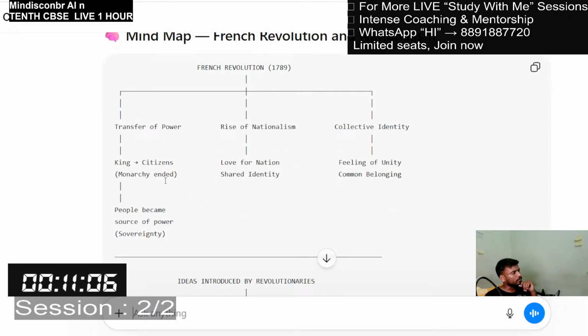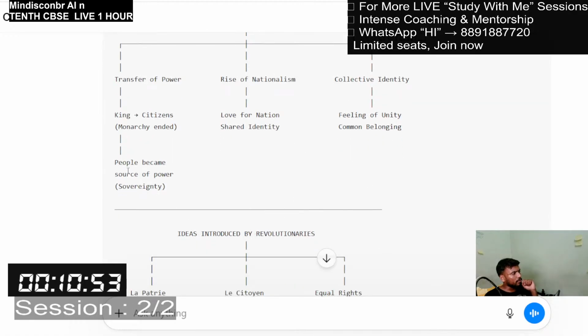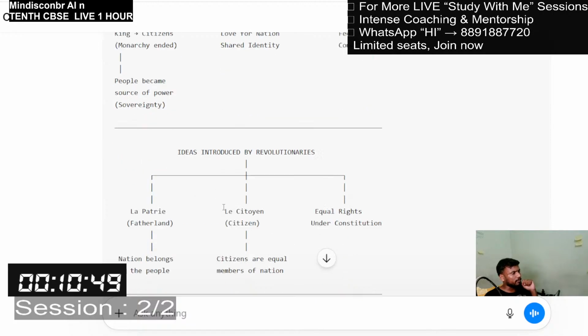Kings to citizens. The monarchy ended and power shifted from kings to citizens. Love for nation, shared identity. Feeling of unity and common belonging. People became the source of power, that is, the people became the sovereign power.